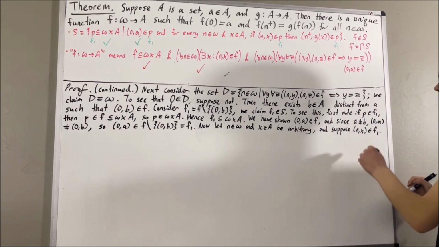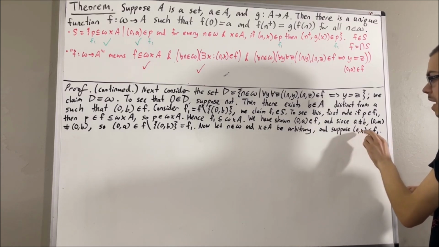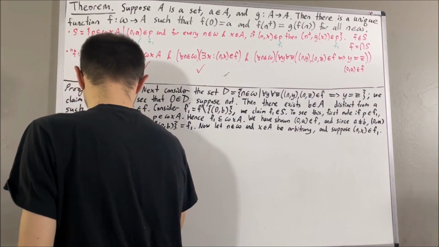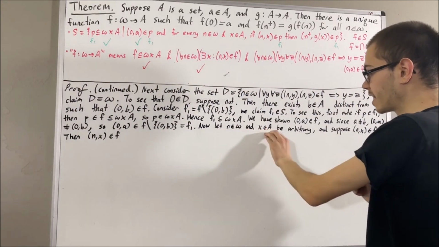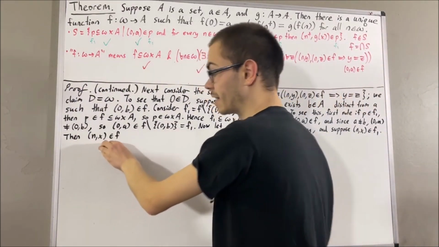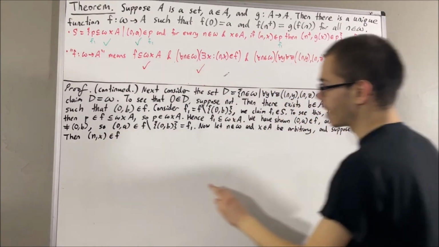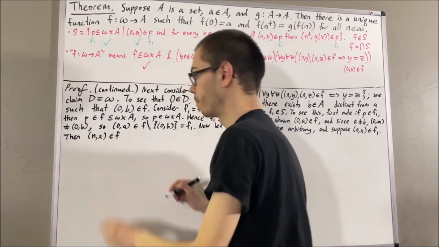Well then, since (n, x) is an element of F1, it follows that (n, x) is an element of F. So, since n is an element of omega, x is an element of A, and (n, x) is an element of F, it follows from the fact that F is an element of S that (the successor of n, g of x) is an element of F as well.